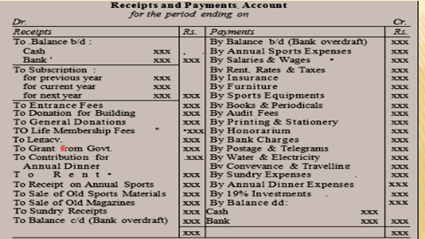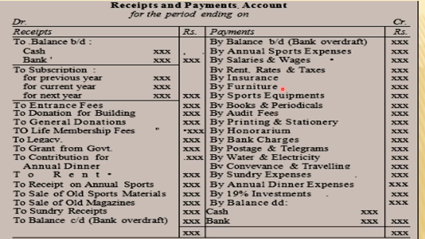So legacy is a one-time contribution, so capital nature. Grant from government, contribution from any other society, annual dinner, rent received, annual sports, sale of old sports material, sale of old magazines, sundry receipts. These are all, in the majority, revenue nature.